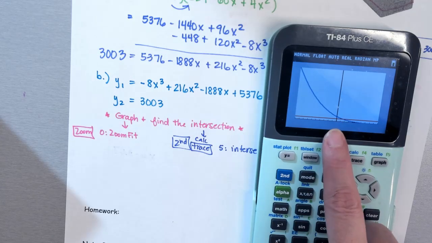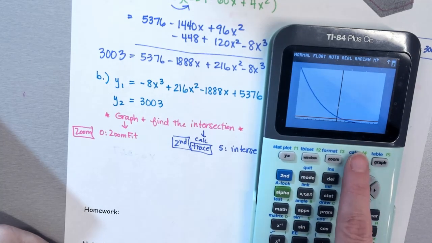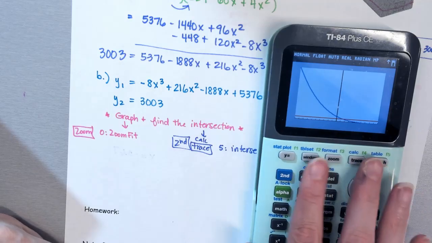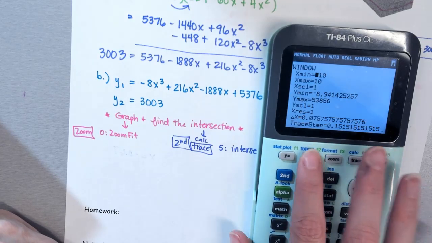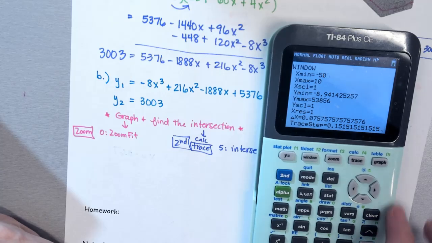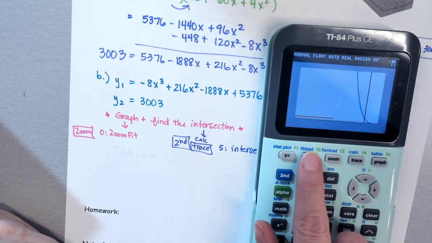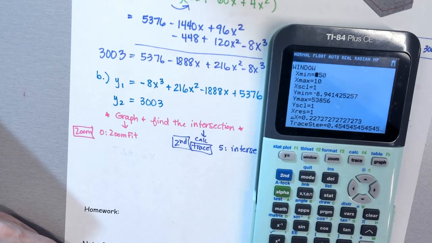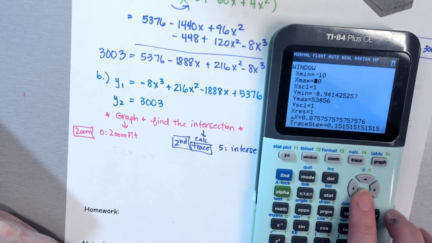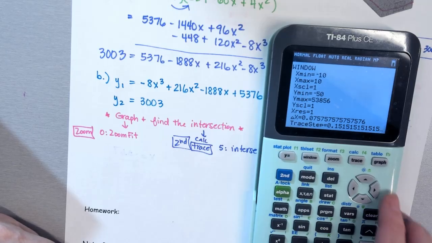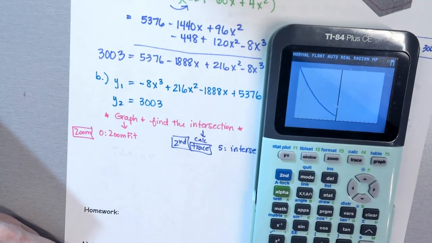Okay, so once you have those, you're going to try to find where they meet each other. You can always adjust your window from here, like if you want to go to -50 to see what happens. Oops, I wanted to do that, not on that, but on my Y. 10, like if you wanted to see lower. Let me do it again.